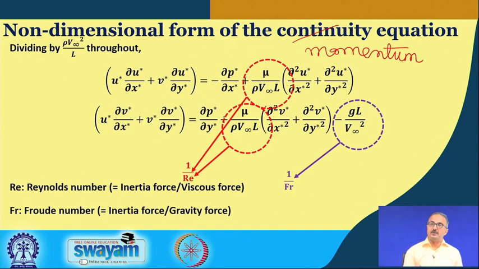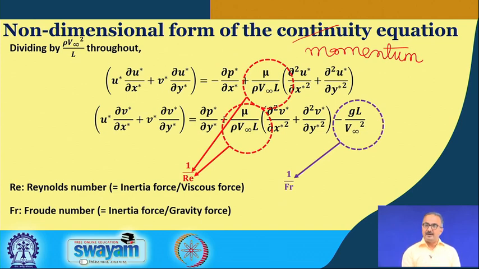And when you non-dimensionalize any of these equations, whether the continuity equation or the momentum equation, you will generally always land up with some non-dimensional numbers, and these non-dimensional numbers will account for the various effects in a given system.